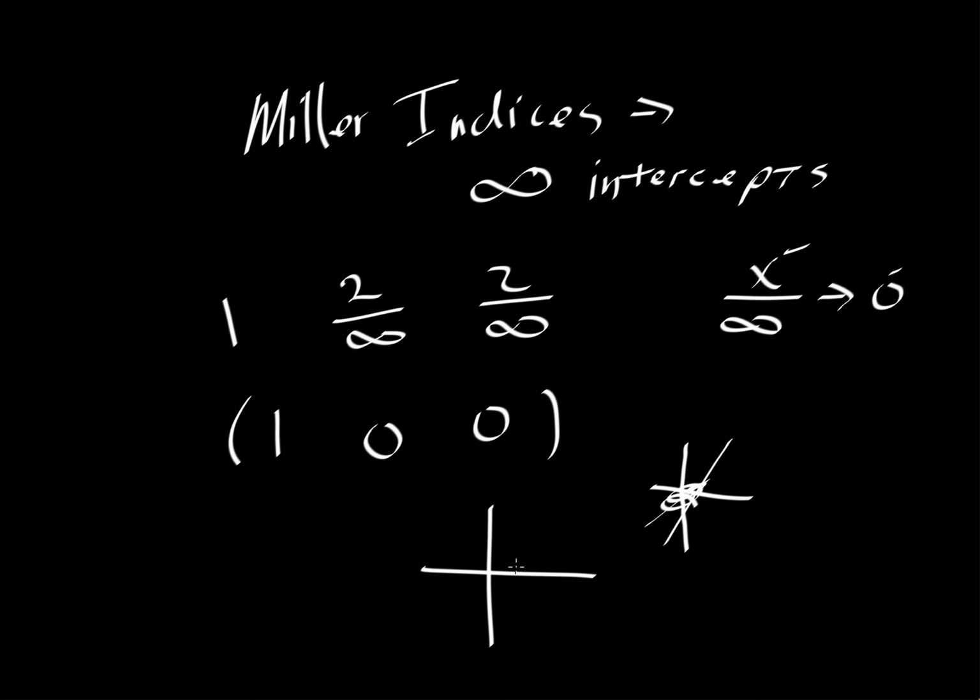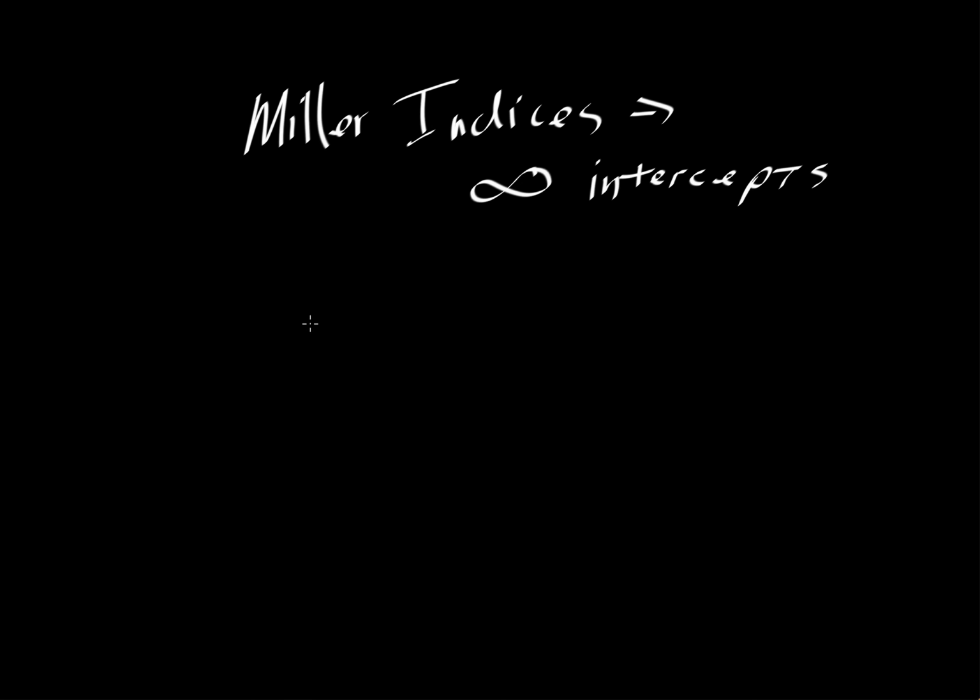That is terribly drawn, so let's draw it a little bit better. We have our imaginary face here that only hits the A-axis, not B or C, and its index would be 1, 0, 0. As you might imagine, you can play this game with other faces, and you could have a 0, 1, 0, or a 0 bar 1, 0 if it hits the B axis at some negative value.